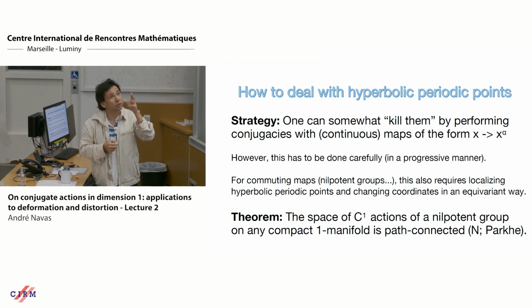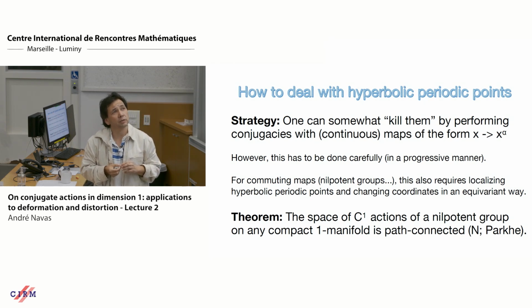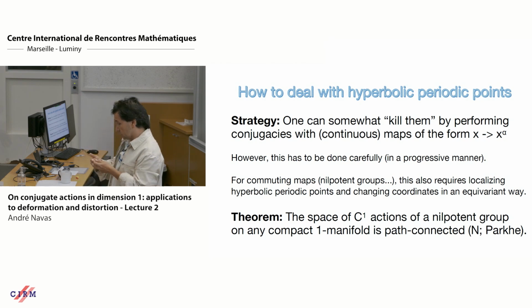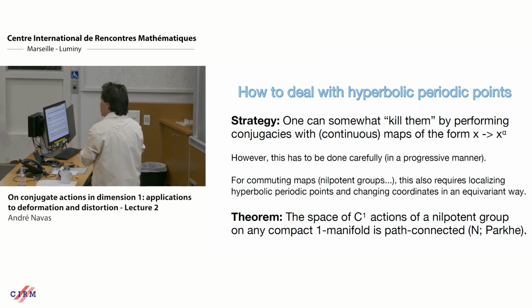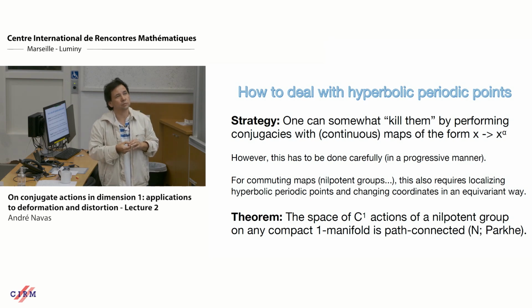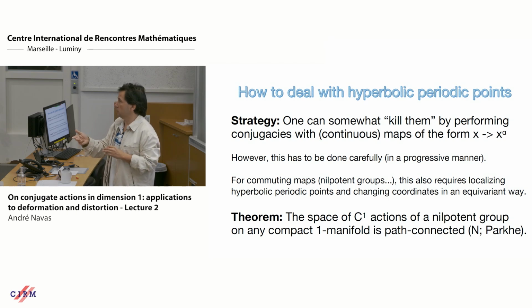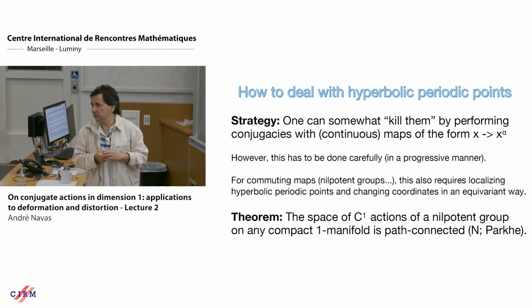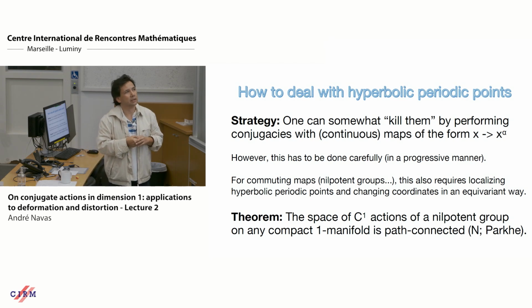But there is a lemma: if you take two commuting diffeomorphisms, and if one of them has a hyperbolic periodic point, then the orbit of this point is finite. So you have to explode only finitely many points. And you have to deal with the fact that there might be infinitely many hyperbolic points for which the hyperbolicity goes to 0, in a certain sense. But this can be done in the right way.